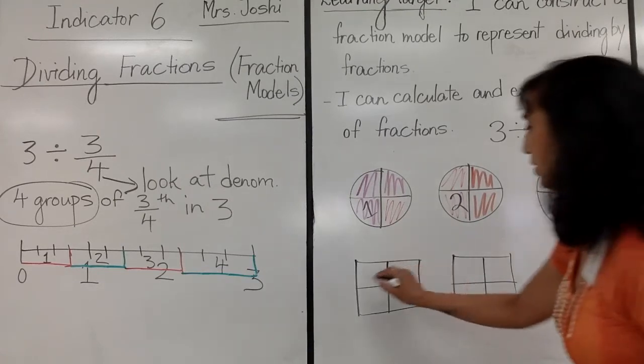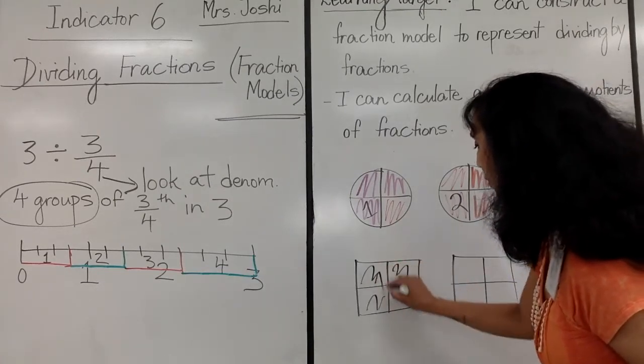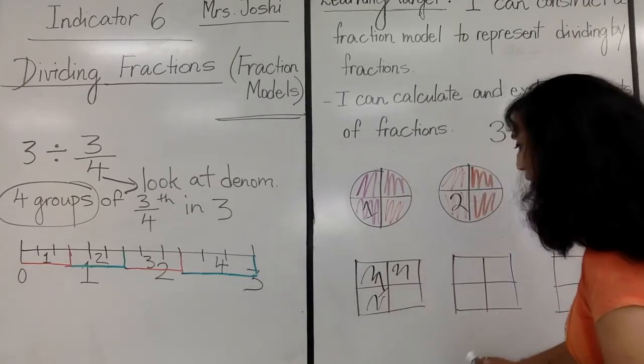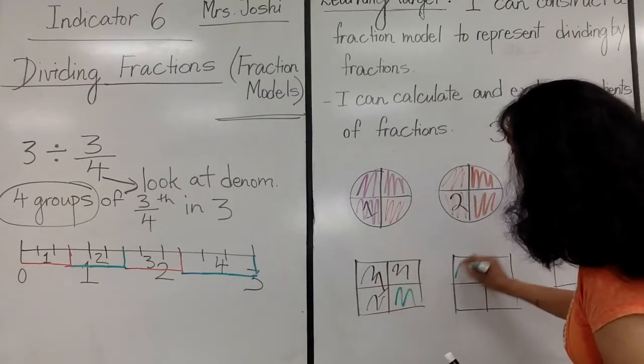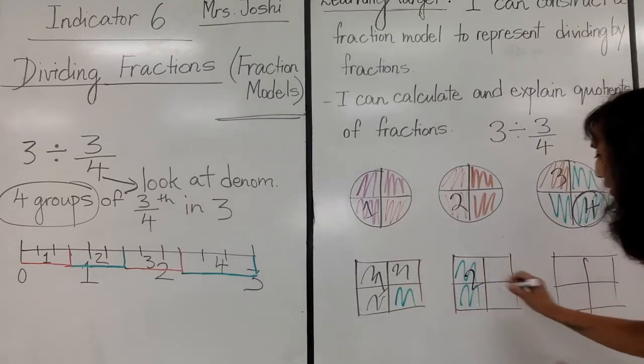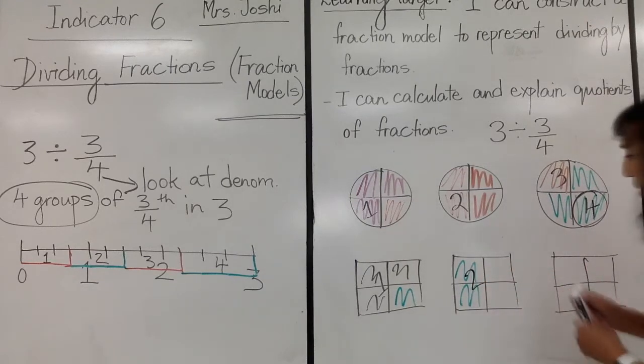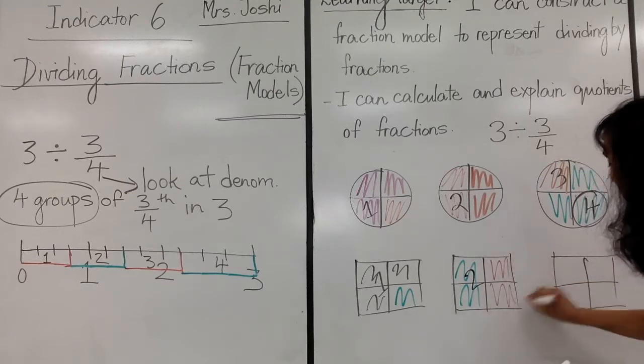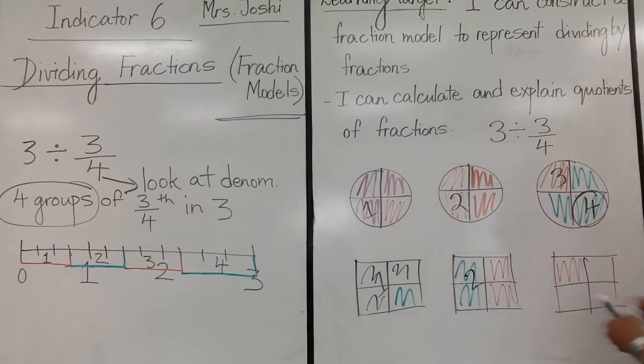Okay, and then colored in. So this would be one group. This would be another group. And then this one is the third group. And then this would be the last group.